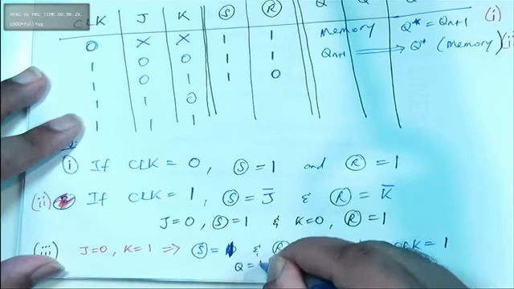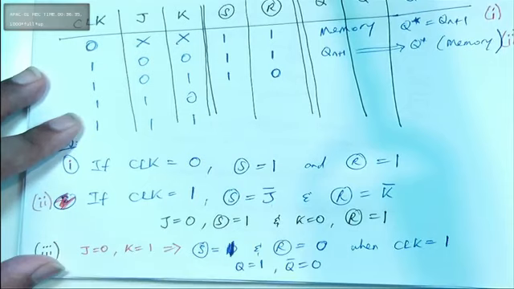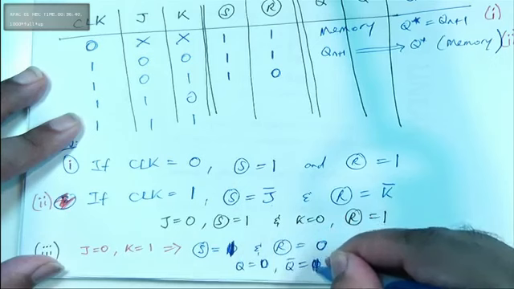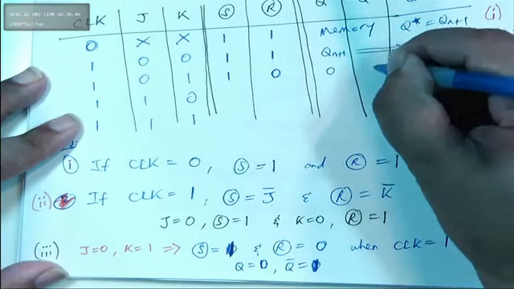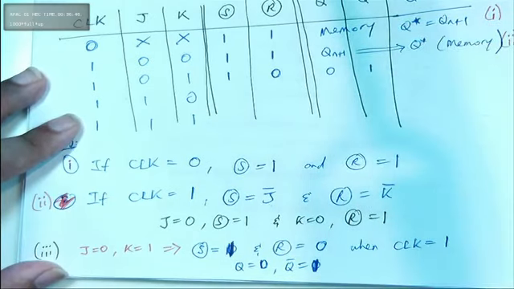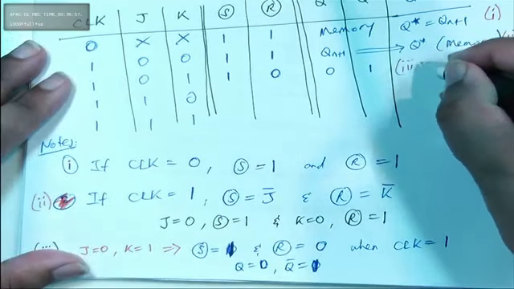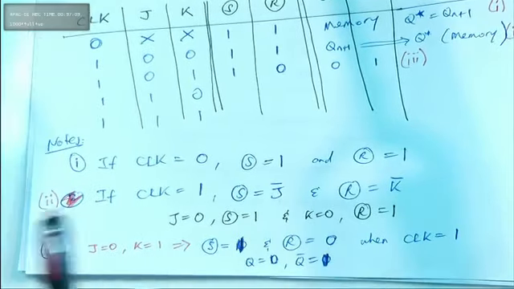So therefore Q is equal to 1, Q bar is equal to 0. Oh, sorry, Q is equal to 0, Q bar is equal to 1. So we have a 0, 1. Right? That's known as reset. So maybe I just put the note number here. That's note number 3. Now let's look at the next one. The next one is number 4.